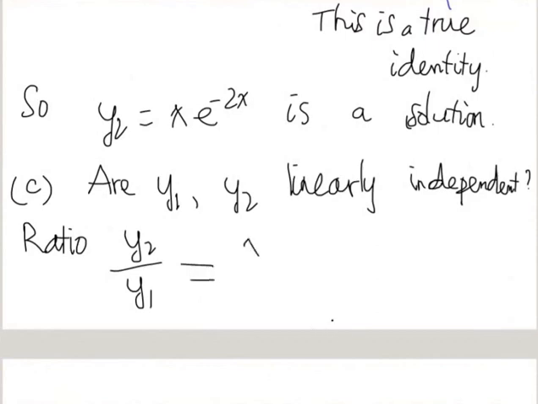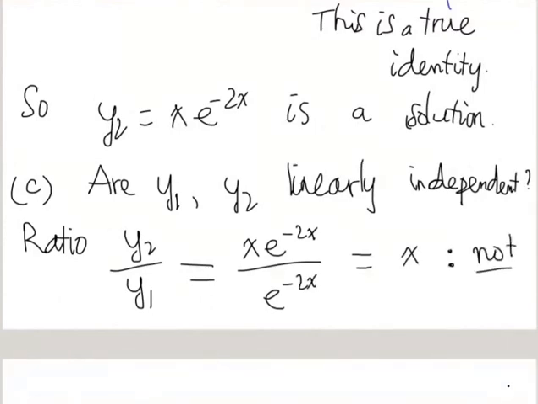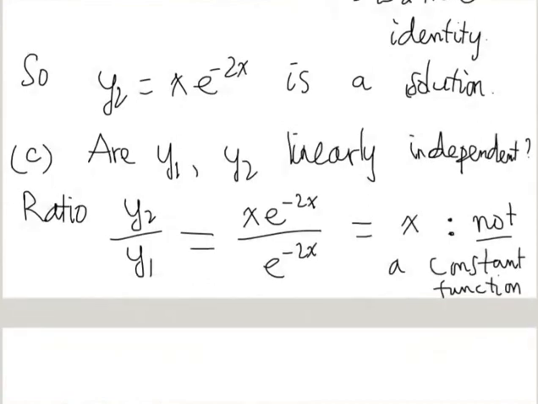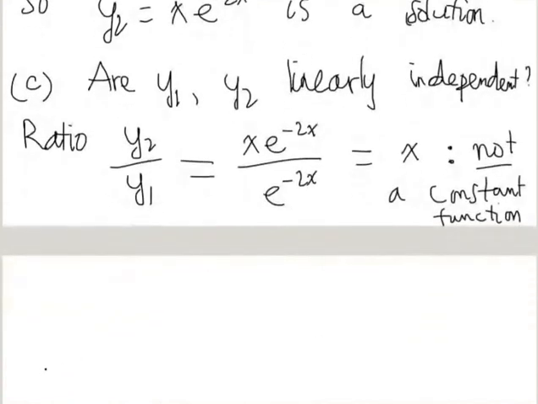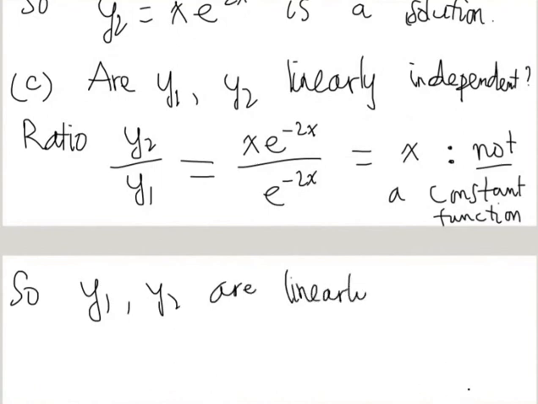Look at the ratio. We have x e to the minus 2x divided by y1, which is e to the minus 2x. So after canceling, we have x, which is not a constant function. Constant function means you just have the constant. Here is x, not constant. So y1, y2 are linearly independent.